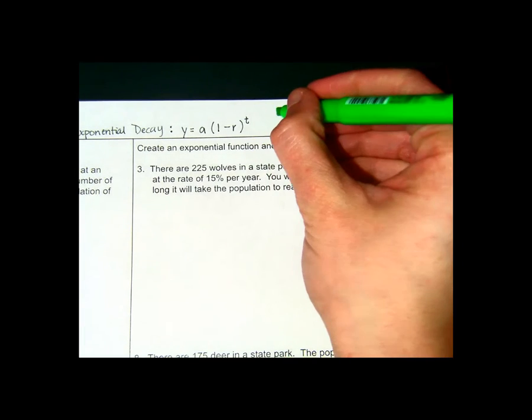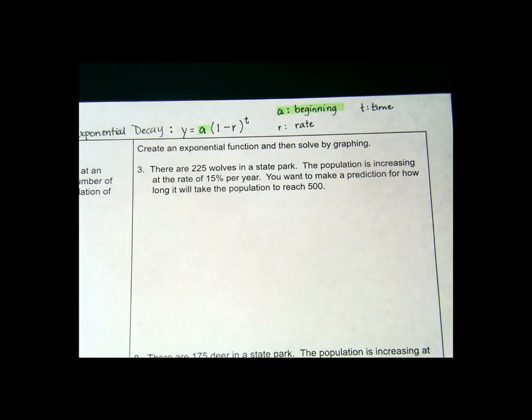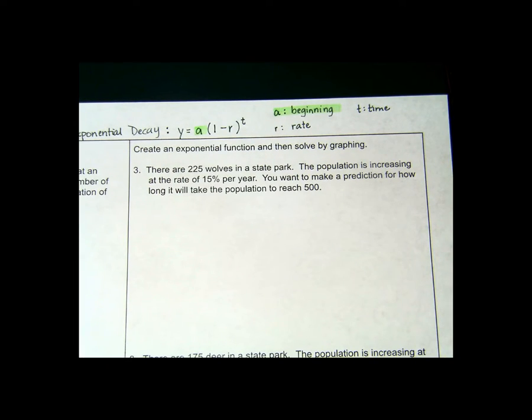In today's problem, we are going to highlight our beginning value in all of these in green. I'm going to highlight the beginning value in green. We are going to highlight the rate in orange.